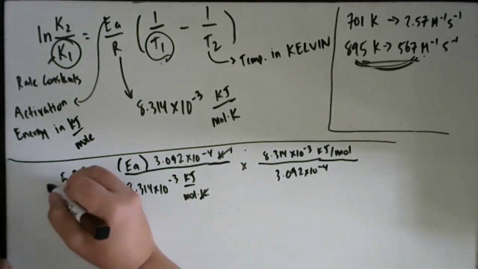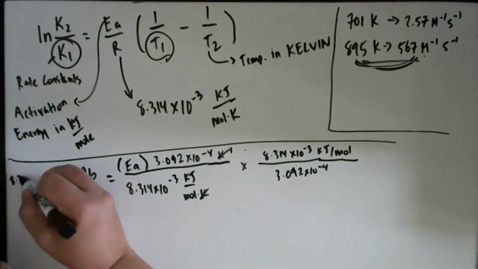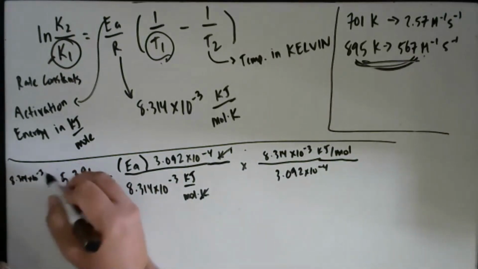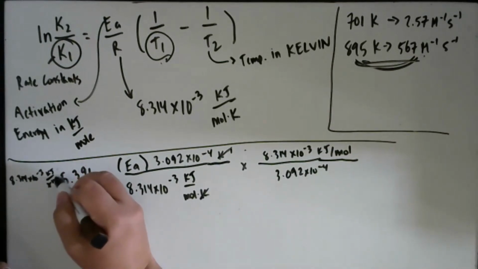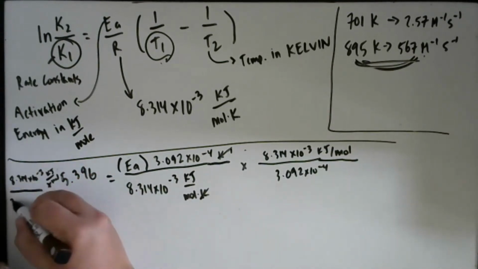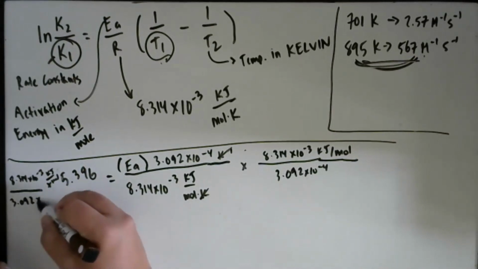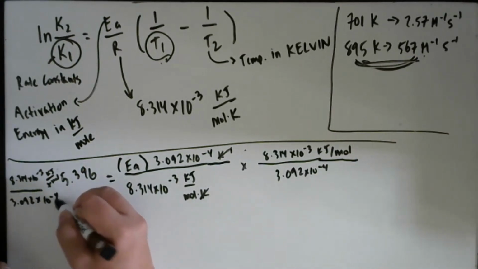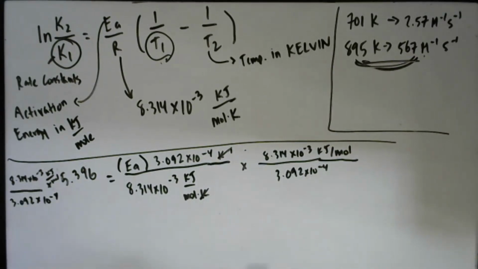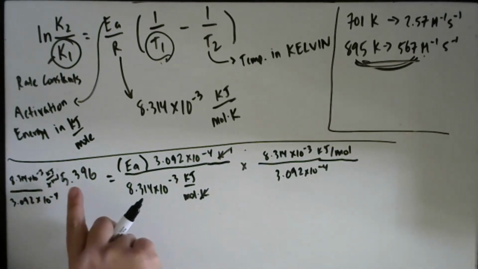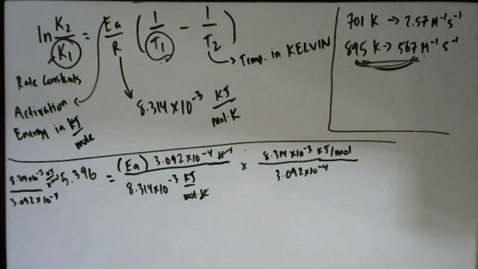I'm going to do the same thing over here. So 8.314 times 10 to the negative 3 times 5.396, divided by 3.092 times 10 to the negative 4.